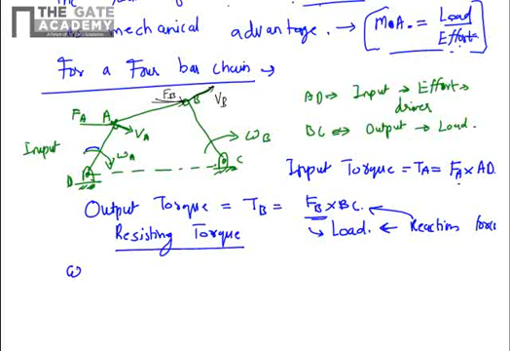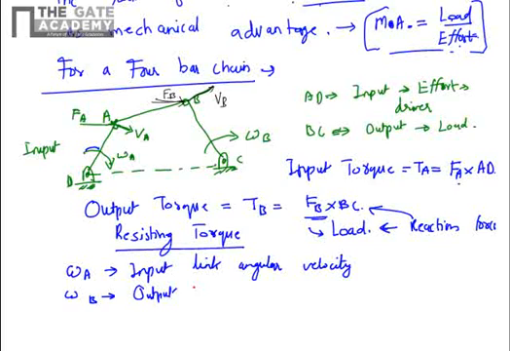Now the input link is moving at an angular velocity of omega A, and the output link is moving at an angular velocity of omega B. So the power in angular motion, as you are aware, is equal to torque multiplied by angular velocity. In linear system, the power is equal to force into velocity.